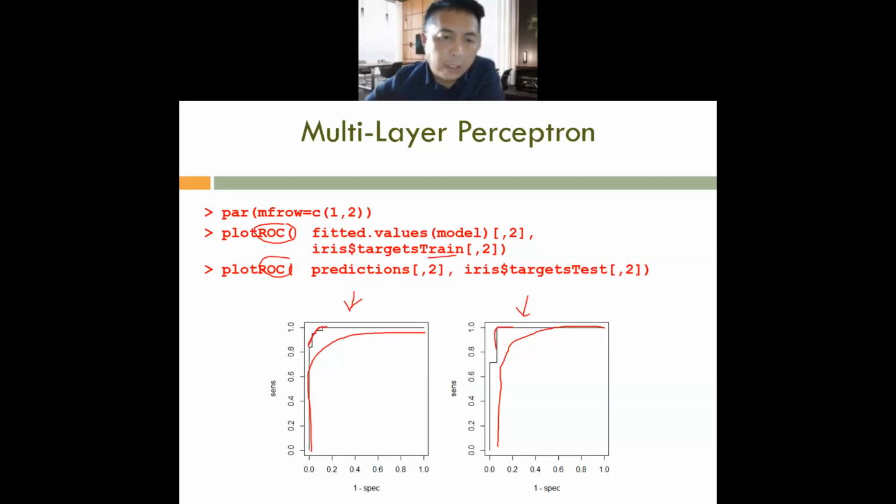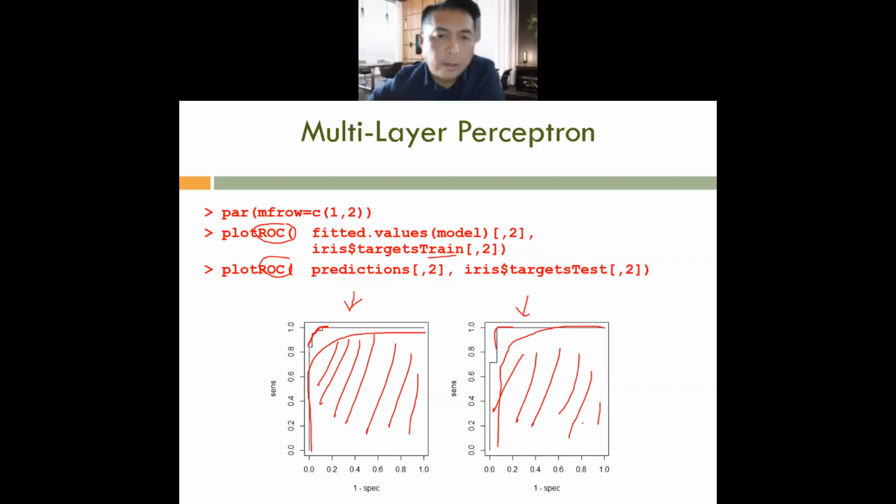This one covers more area. The more area you cover under this graph, the better your model. That's how you compare the performance during the training and testing using ROC.